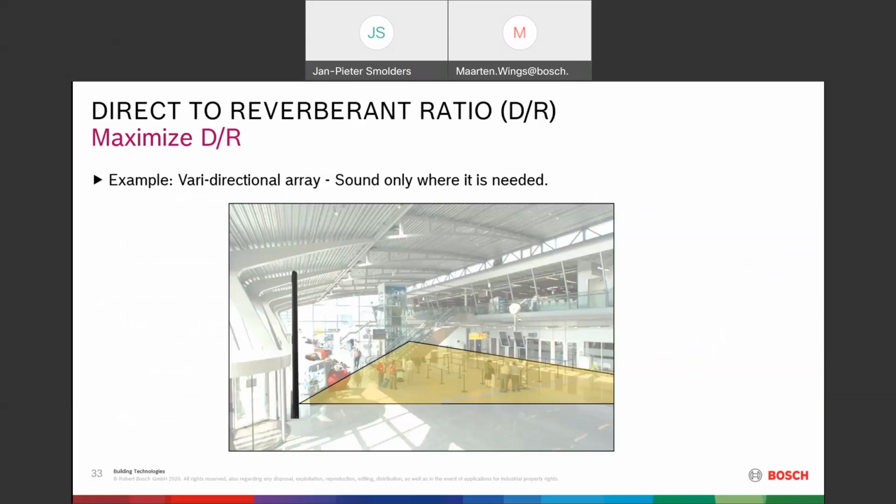An example here in this picture, you will see a variable directivity array. With the configuration software, you can aim the sound beam exactly at this plane where the people are standing, here in the departure hall of an airport, for instance, avoiding all these hard materials like the ceiling, which is metal, and the glass and the floor.